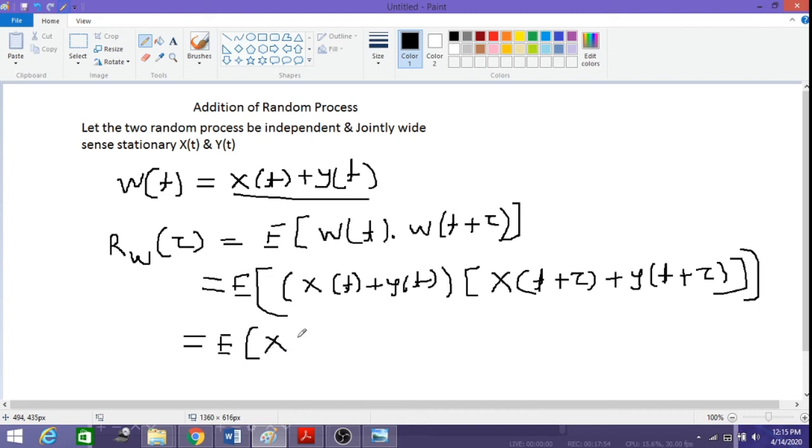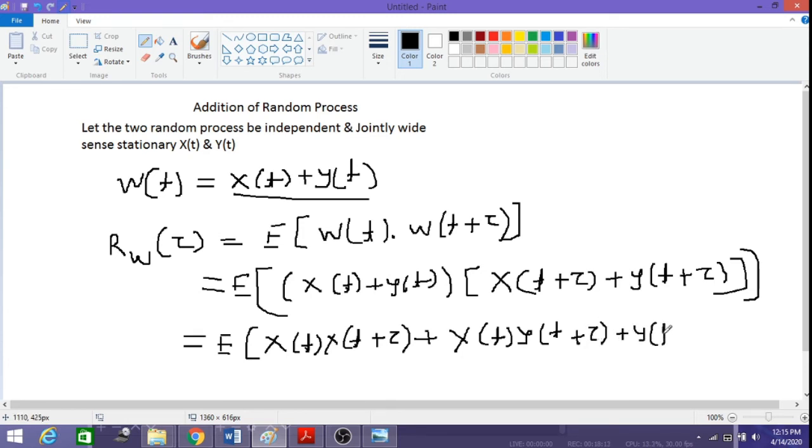We'll get here x of t into x of t plus tau, so I'll get an autocorrelation of tau, plus x of t with y of t plus tau, plus y of t with x of t plus tau, and y of t into y of t plus tau.